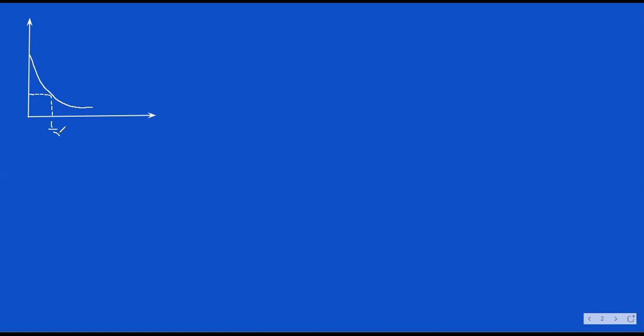This is 1 by lambda. This is time on this axis. This value is N0, we know the initial number of nuclei. And this one is what? N0 by e. This is your decay constant. And on this y-axis, what have we taken? We have taken N, the number of nuclei. Okay, got it? This is the decay constant definition.